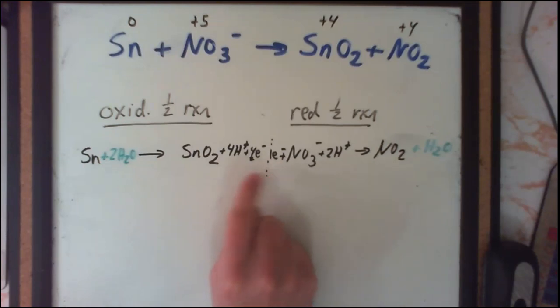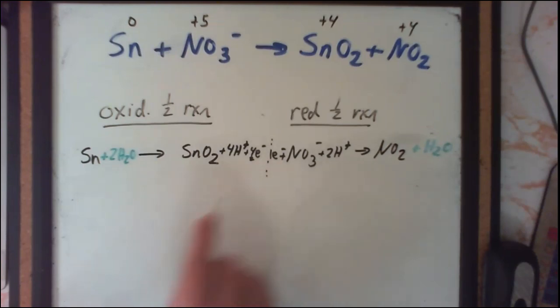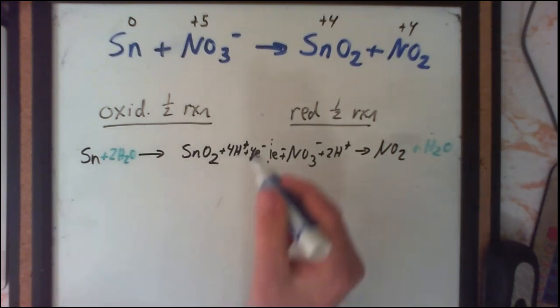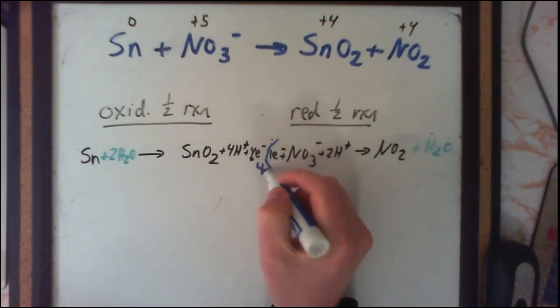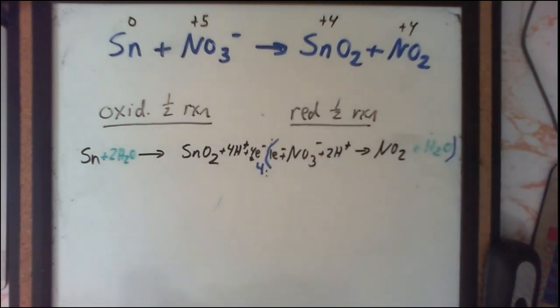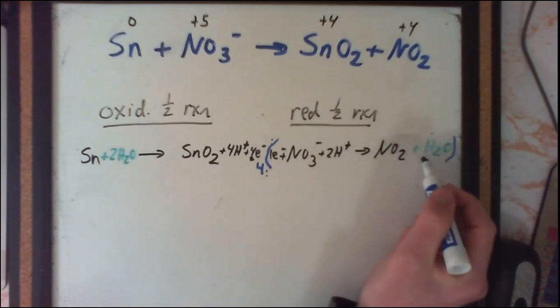They're currently not. In order to make sure they are, I need to multiply, once again, my reduction half reaction. The entire reduction half reaction gets multiplied by a factor of 4. So I multiply 4 times all these coefficients.